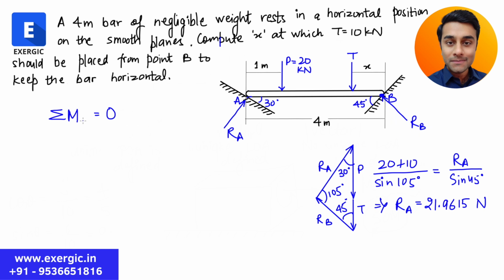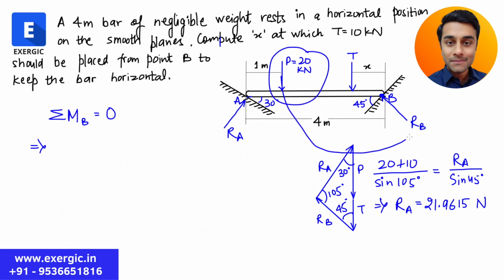Let us take the moment about point B. If you do that, you need to equate all the clockwise moments with all the counterclockwise moments. T is definitely going to move counterclockwise.